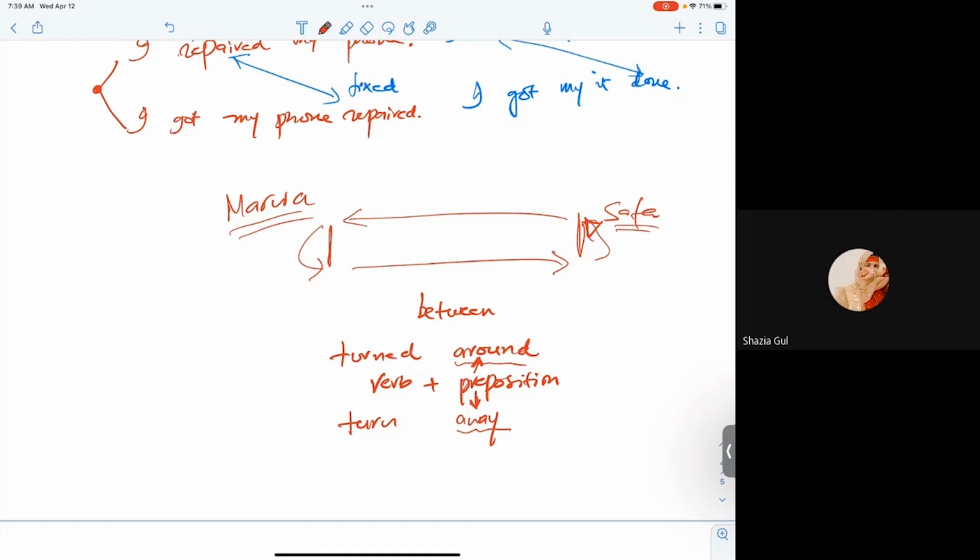So Hazrat Ismail kicked his, sir, what's the word for it? I forgot. Anybody? Heel. There you go. So continue, Shazia. Hazrat Ismail kicked his heel into the ground.